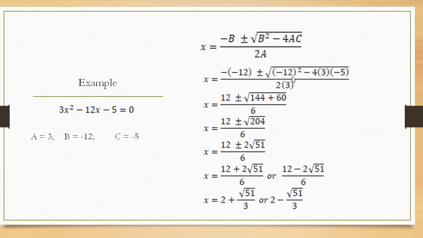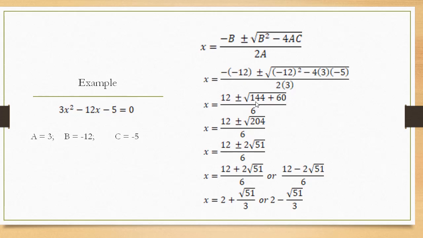So, negative 12 times negative 12 is 144. Minus 4 times 3. Negative 4 times 3. Negative 12 times negative 5 is equal to positive 60. And then, all over 2 times 3, 6.